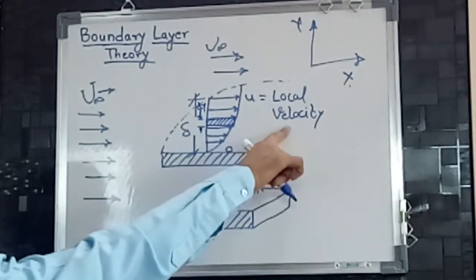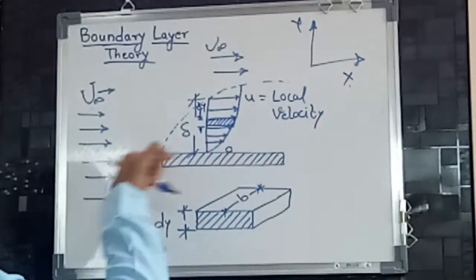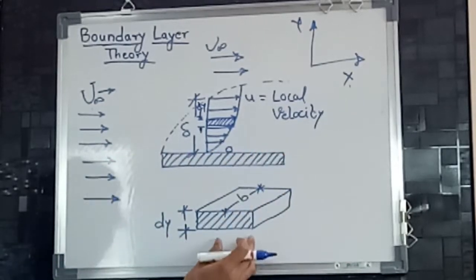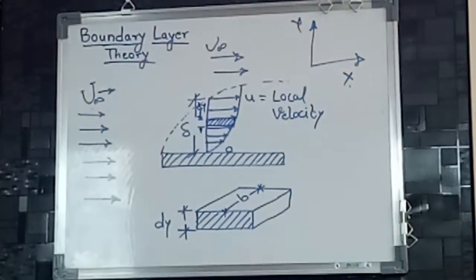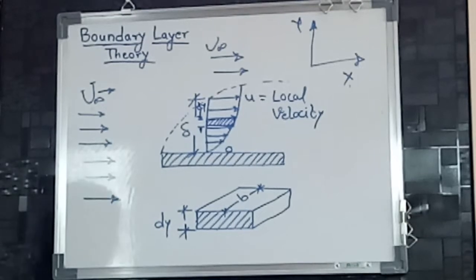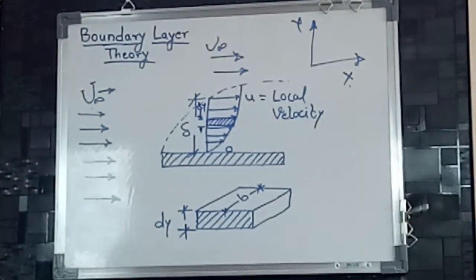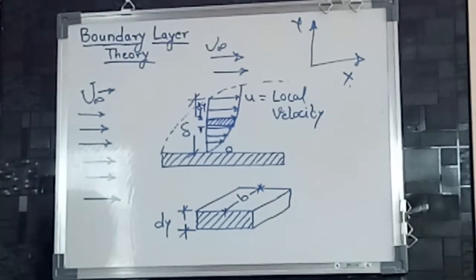And this is the local velocity with respect to this direction. And this is our element. After that we'll find out one small derivation that we'll see.